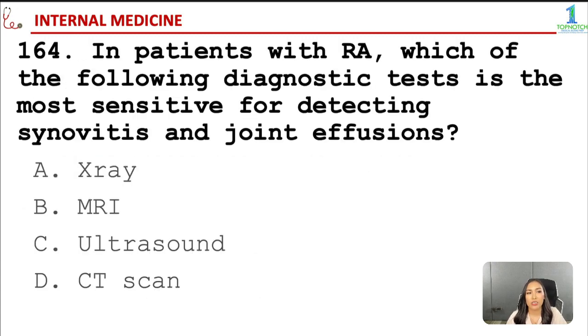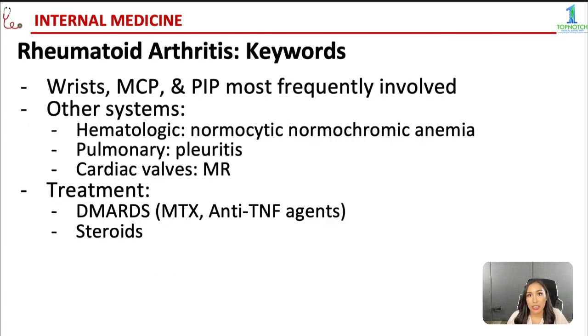Okay? 164. In patients with RA, which of the following diagnostic tests is the most sensitive, ha? For detecting synovitis and joint effusions? That is the MRI. Rheumatoid arthritis keywords, wrists, MCP, and proximal interphalangeal joint, most frequently involved.